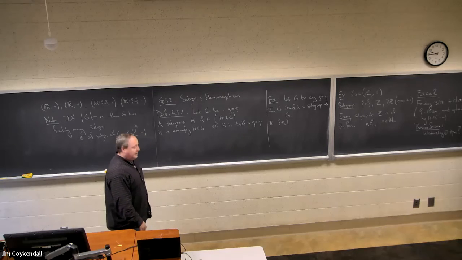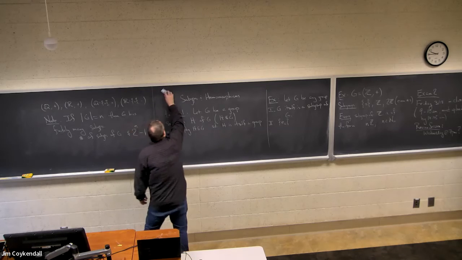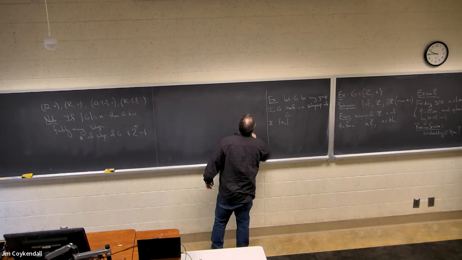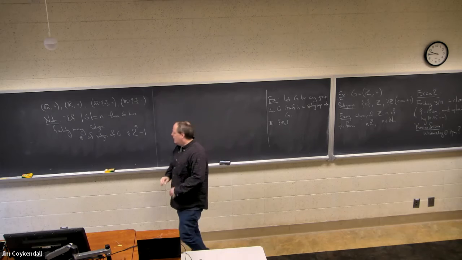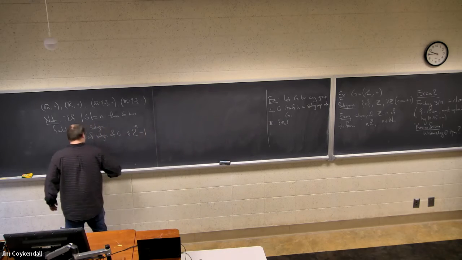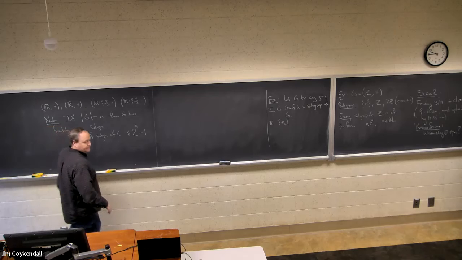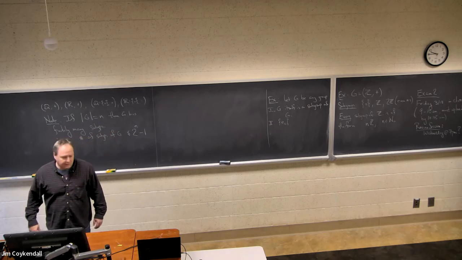Let me give you an example here. Let's get hardcore with the concrete. I'm going to take two groups of order 6. And these groups are different. And I mean different, not only do they look different, but they're kind of philosophically different as well.